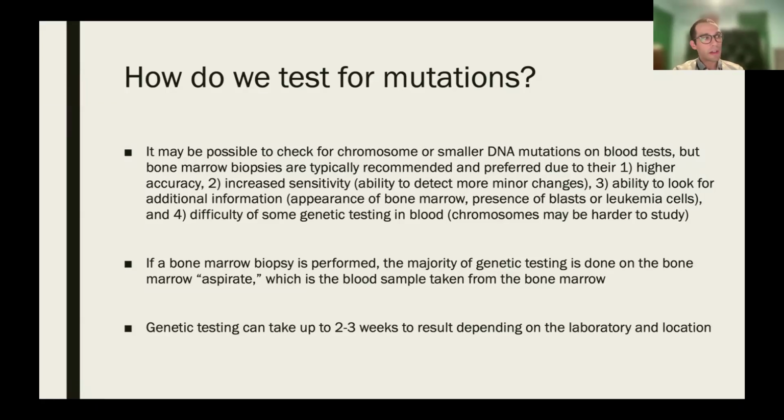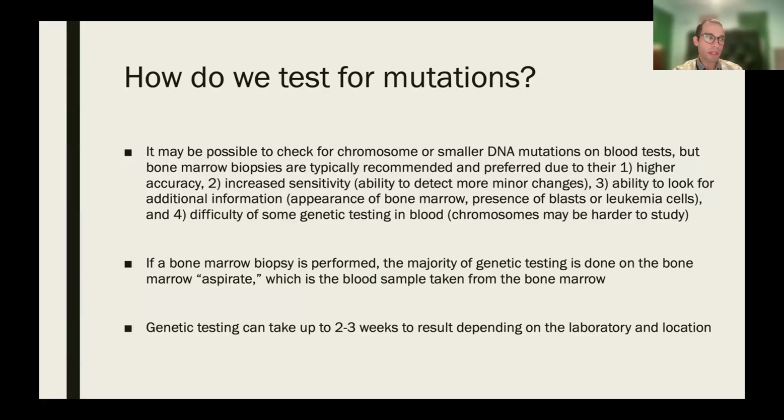The reason is that a CALR mutation can be seen in different MPNs, right? It can be seen in pre-fibrotic myelofibrosis, it can be seen in myelofibrosis, it can be seen in ET, and sometimes bone marrow biopsies are the only way to distinguish between those three entities. And even though you caught the CALR mutation in the blood, there might be other mutations that you didn't catch. There might be chromosome changes that you can't test for in the blood.